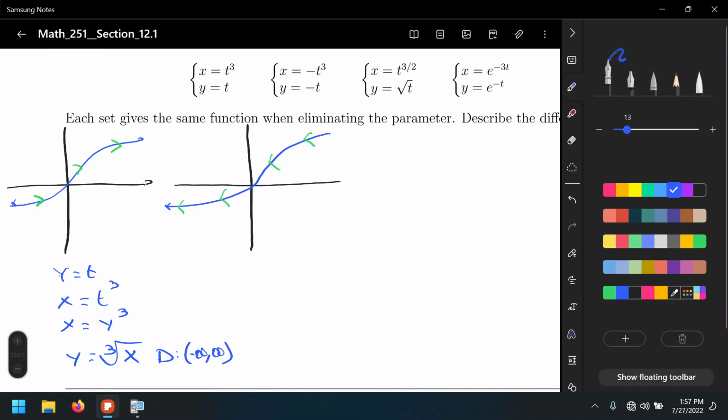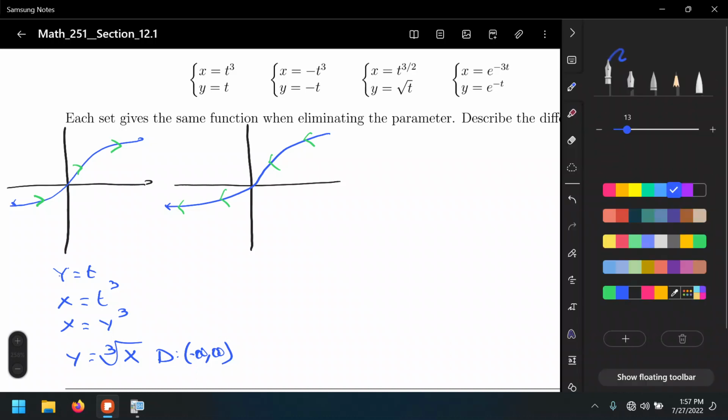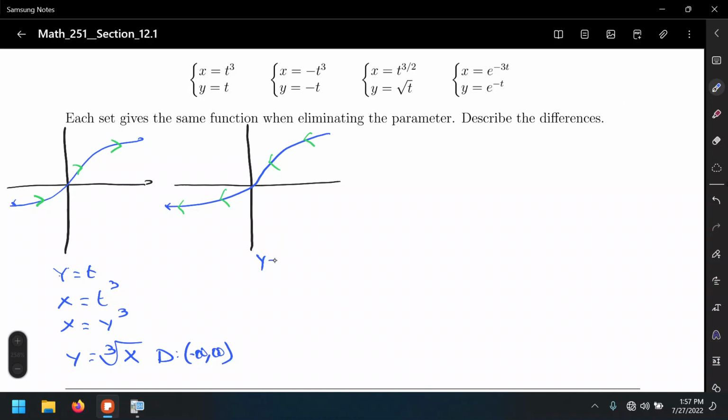Let's eliminate the parameter again. And well, from the second equation, we have that y equals negative t, so t equals negative y.